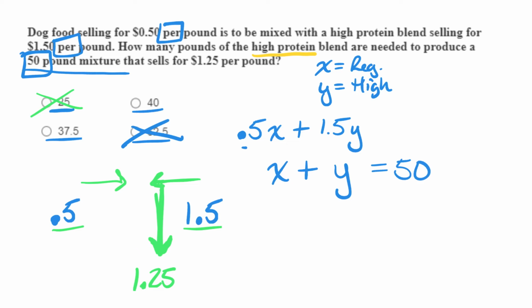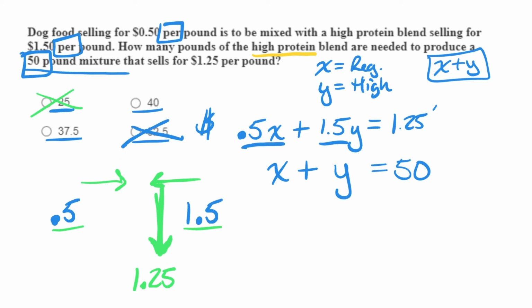So on our equation, the how much is it going to cost goes here. It's 50 cents times the number of regular protein, $1.50 times the high protein, and this all needs to equal $1.25. And what we would say here is normally X plus Y, the total amount. But they told us the total amount. It is not a variable. It is 50. So this is our equation right there.